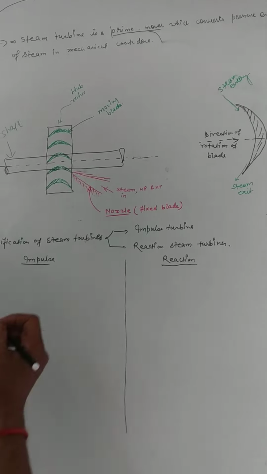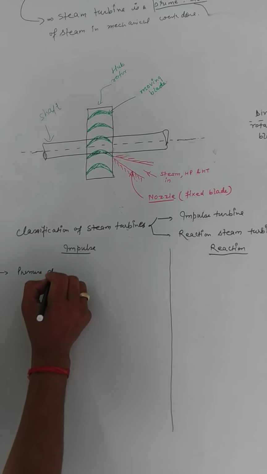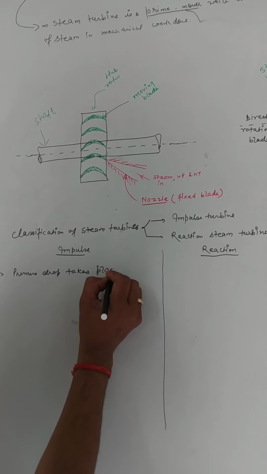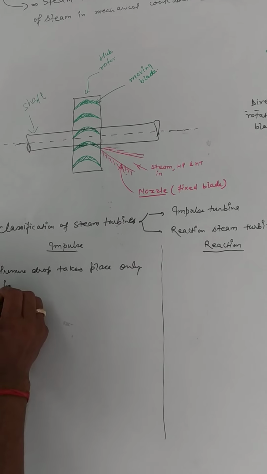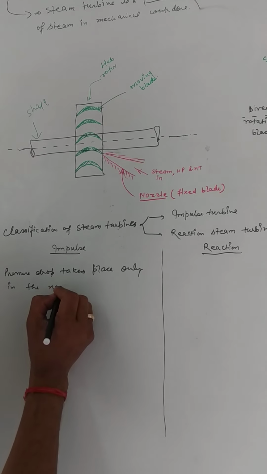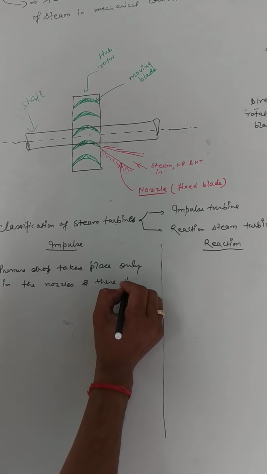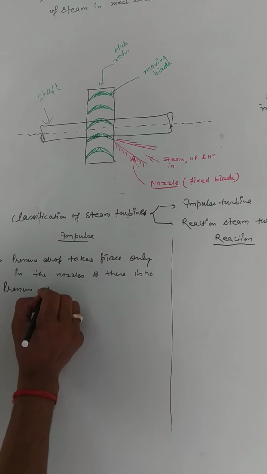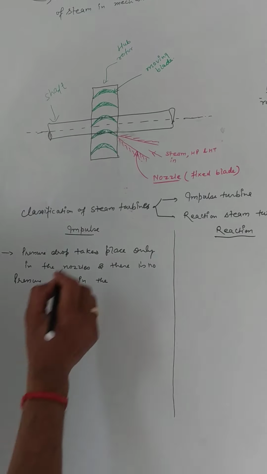So in this case, the pressure drop takes place only in the nozzles, and there is no pressure drop in the moving blade.